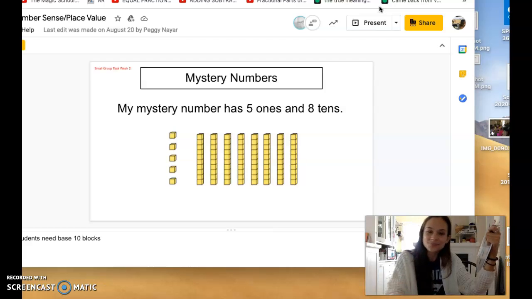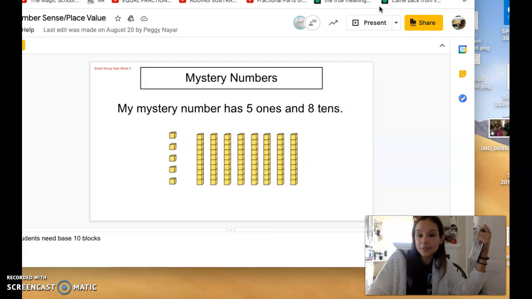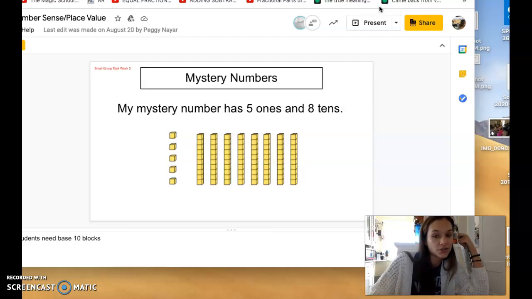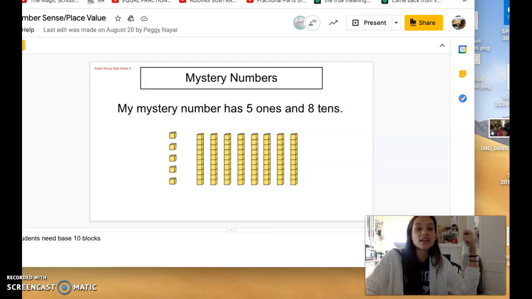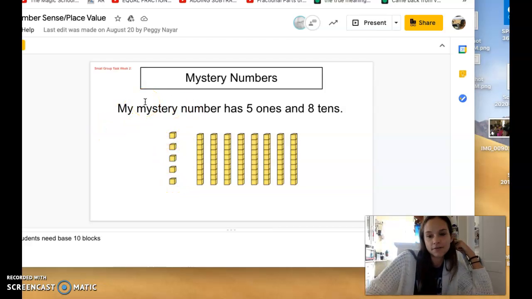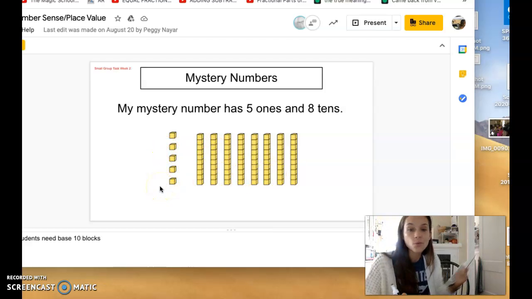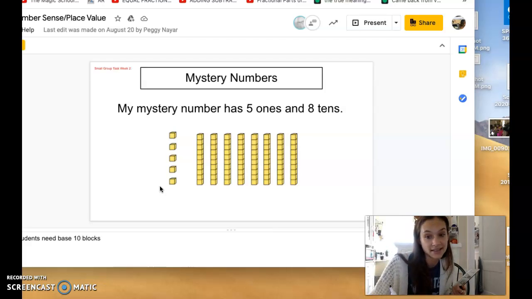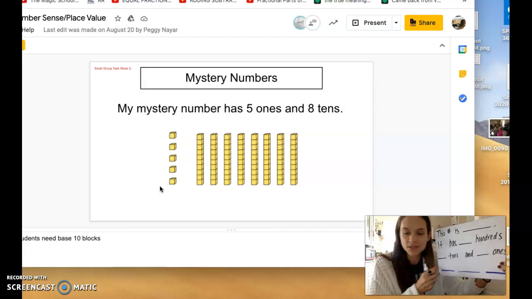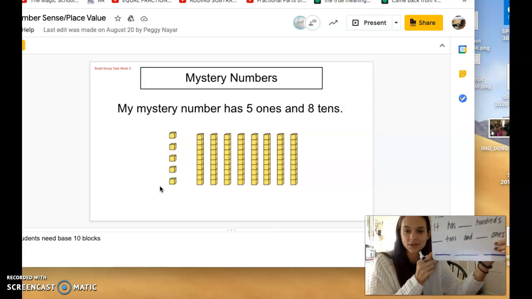But anyway, today we are going to play a mystery number game, and we are going to play this tomorrow too. So mystery numbers, if you take a look, it says my mystery number has 5 ones and 8 tens. What is the number? Now I'm holding up this whiteboard. This is going to help us a little bit.